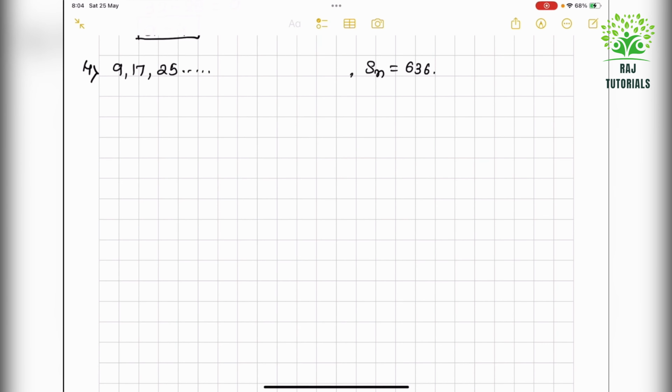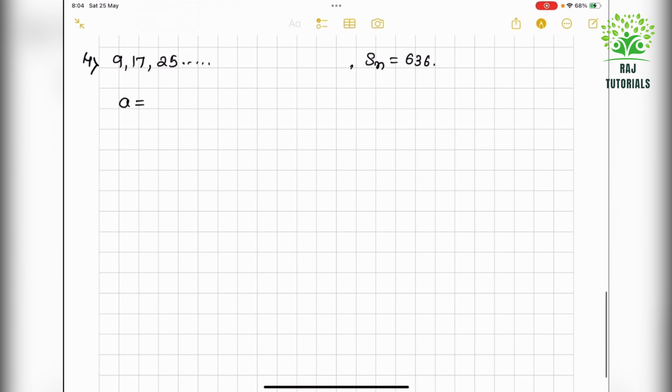Question 4 says, how many terms of the AP 9, 17, 25 must be taken to give a sum 636? So here I can say a equal to 9, d equal to 17 minus 9, so that will be 8.